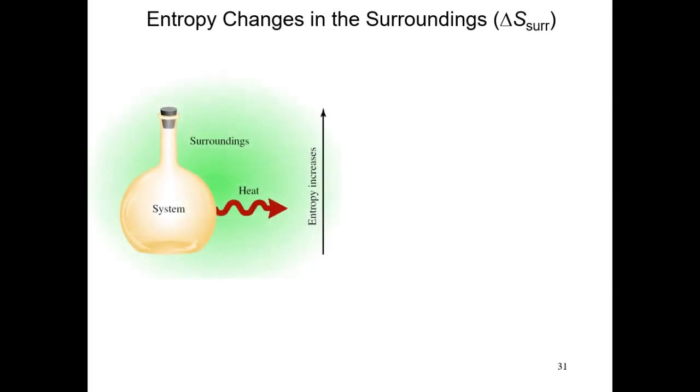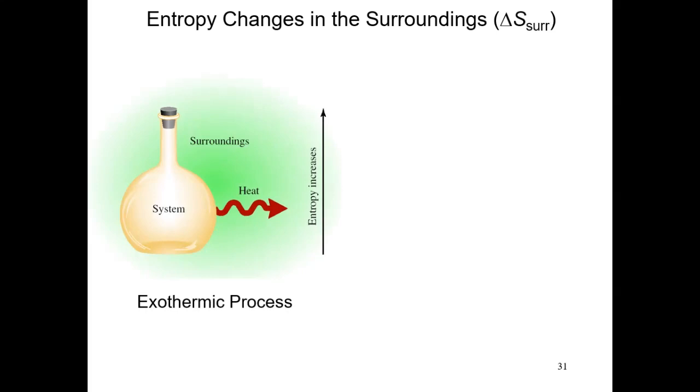Up to now, we've been talking about delta S of our system, which is chemical reactions. What about the entropy changes of the surroundings? Well, we're going to consider here two scenarios, all right? Let's say that the process that we're studying, our system, undergoes an exothermic process.